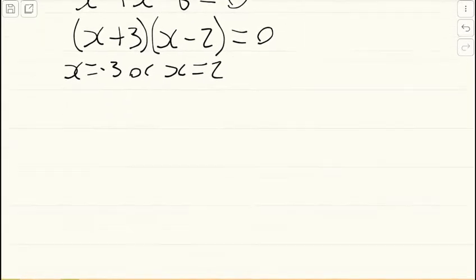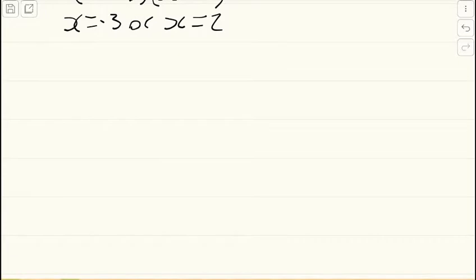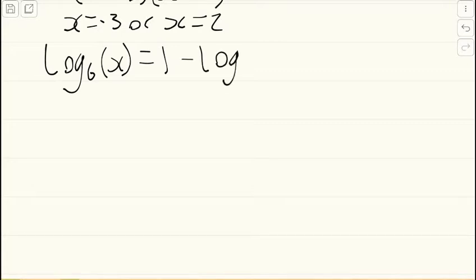Now with this question, again, we just have to check and be very, very careful. So I'm just going to write the original equation, which was log to the base 6 of x equals 1 minus log to the base 6 of x plus 1.